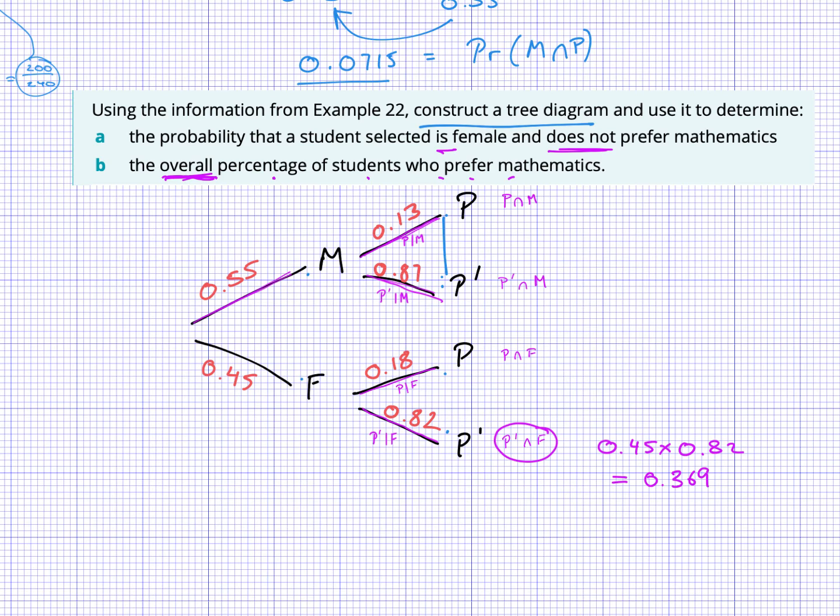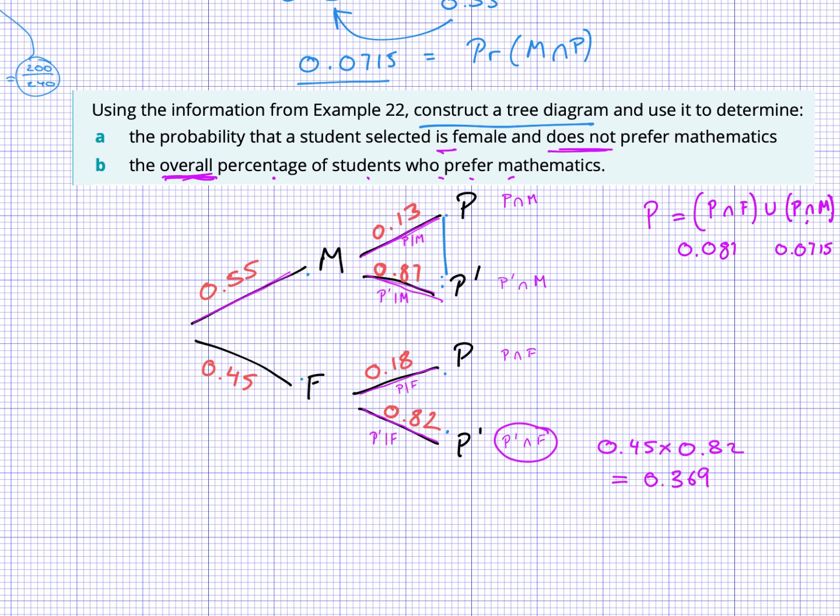So the chance that someone prefers maths is made up of prefers maths with females combined with prefers maths and is male. All right, so I need to know both of those things. So prefers maths and is female, we answered in the previous question, it was 0.081. Prefers maths and is male, we answered in the previous question, it was 0.0715.